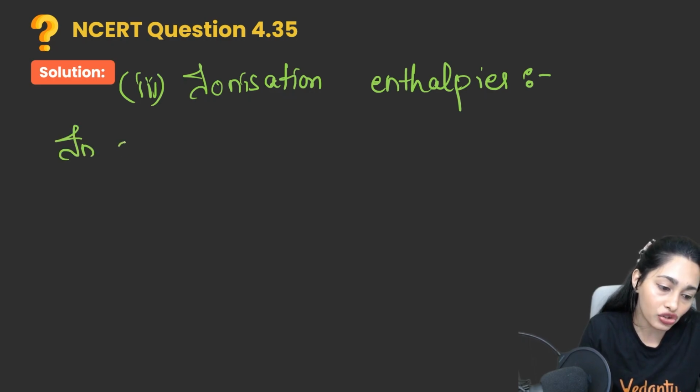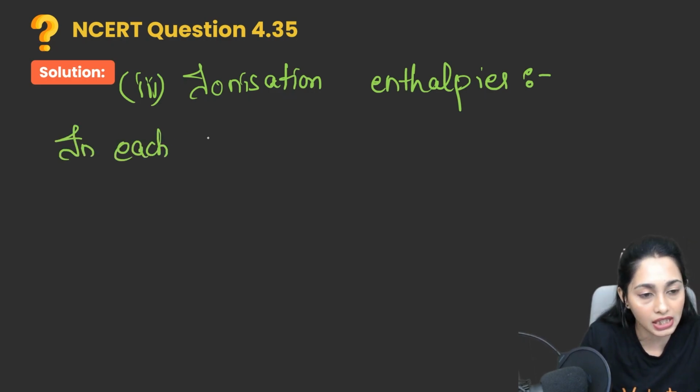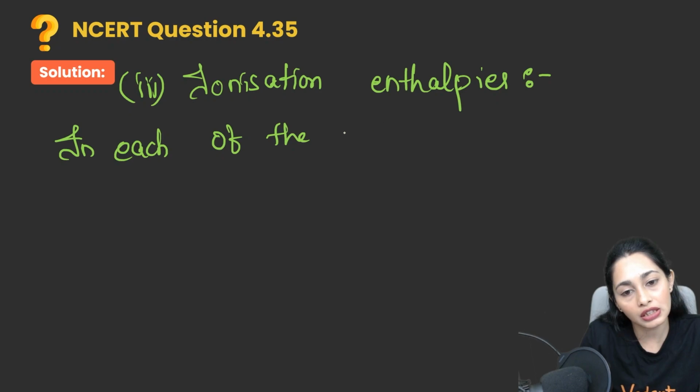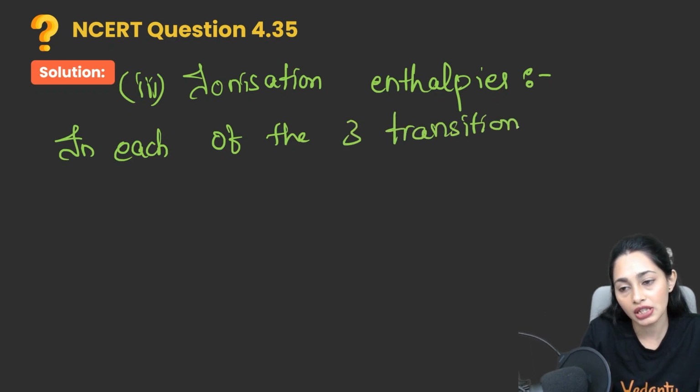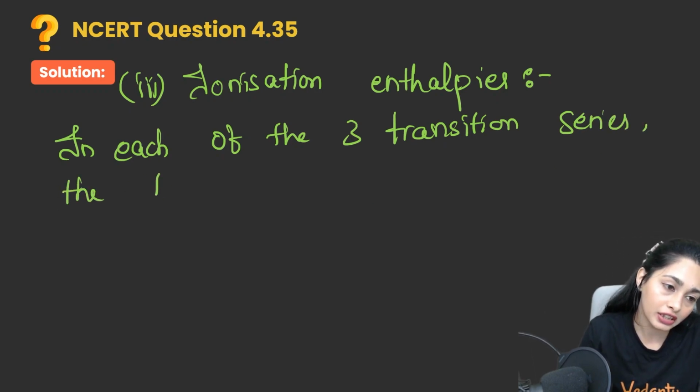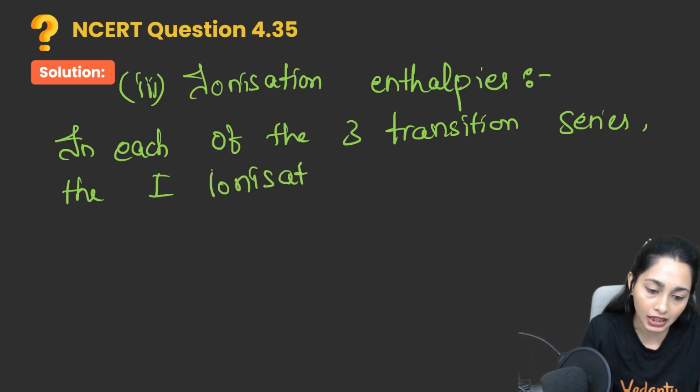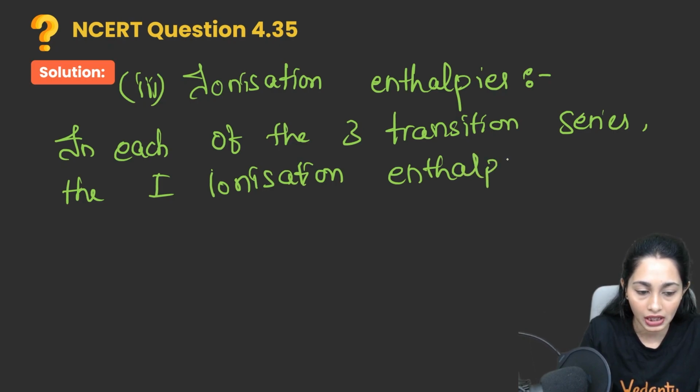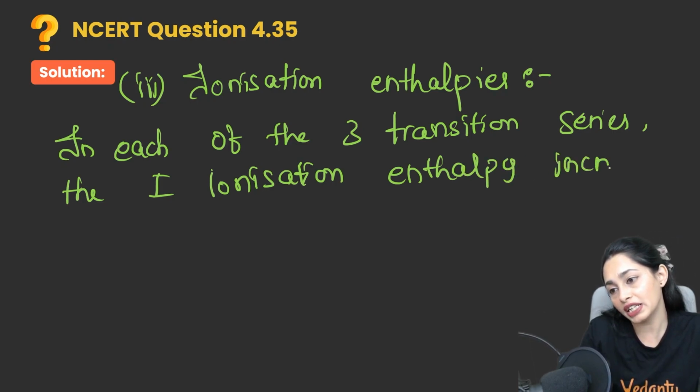So, in each of the three transition series, the first ionization enthalpy increases from left to right.